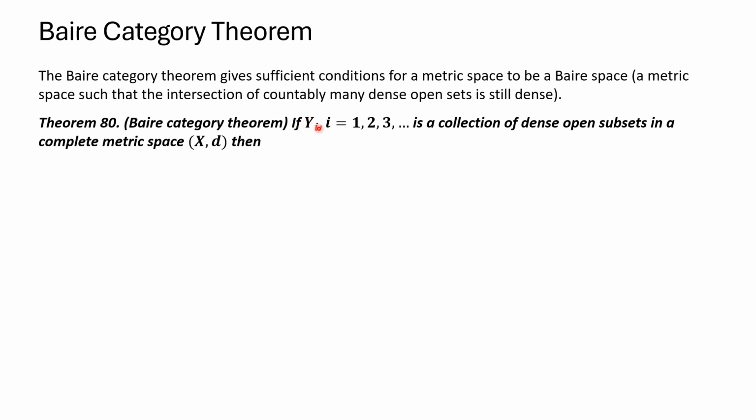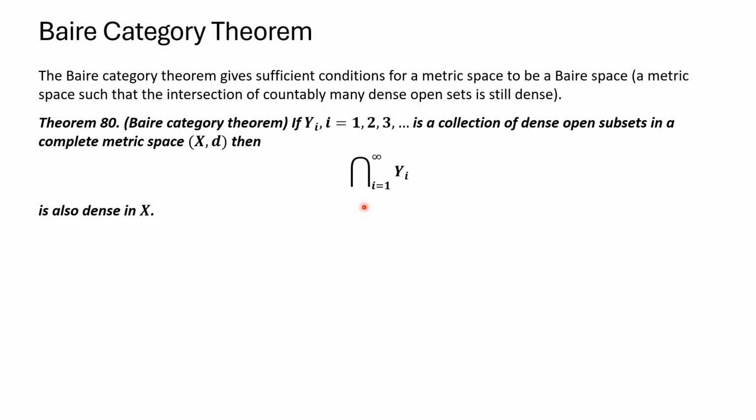If Y sub i, for i equals 1, 2, 3, and so on, is a countable collection of dense open subsets in a complete metric space X, then the intersection of all these subsets is also dense in X. That's probably not obvious, to me for sure, because when you take intersections, you get less and less, right?